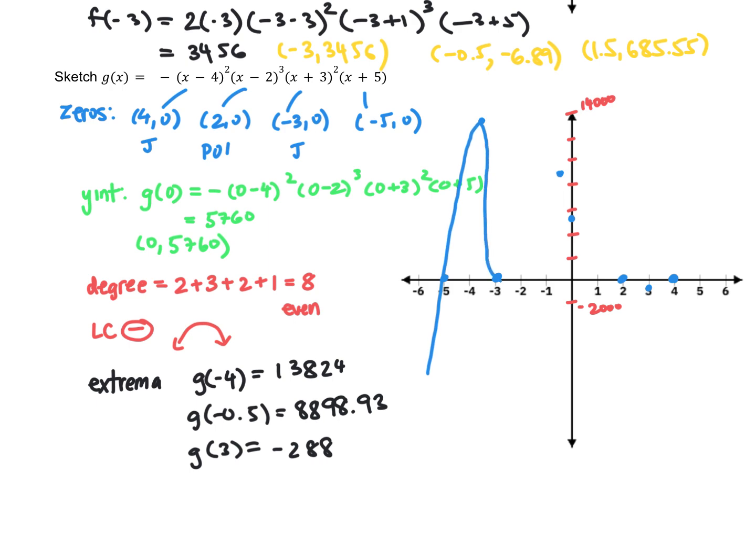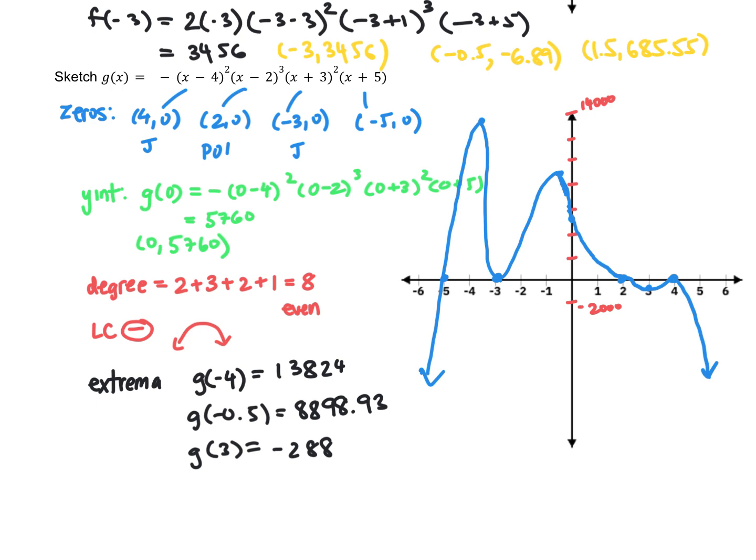We're coming down to -3 and jumping off because we want to be able to pass through this local maximum and pass through our y-intercept. And then we somehow need to head to 2 as a point of inflection. Come here, come up to 4, and then jump down. And there's our double negative end behaviors.